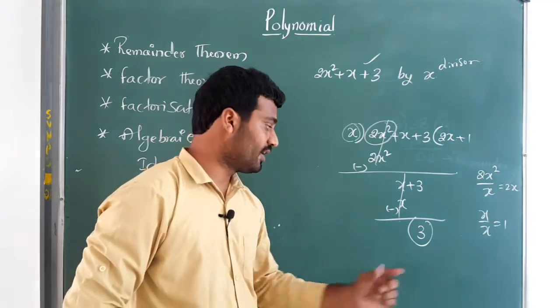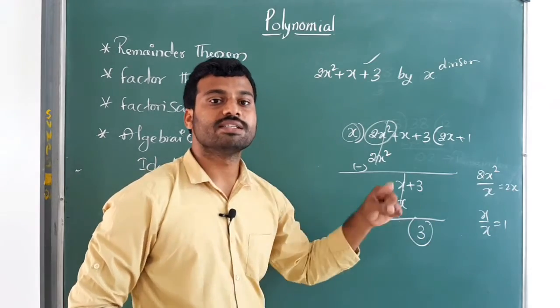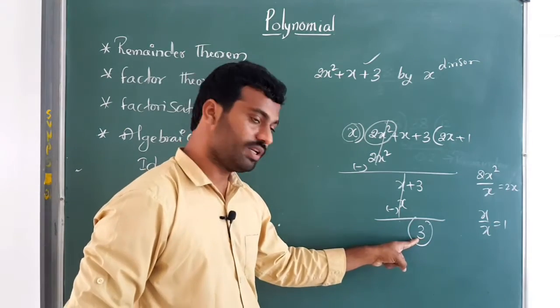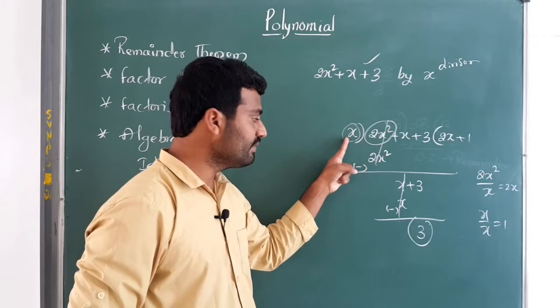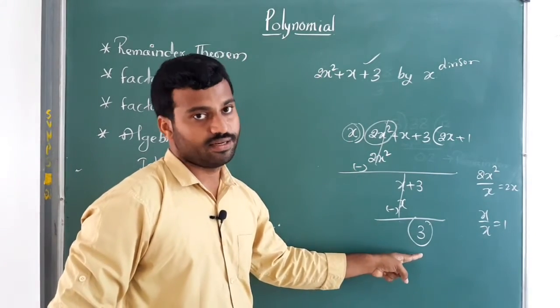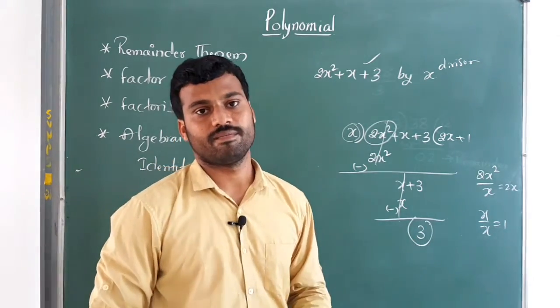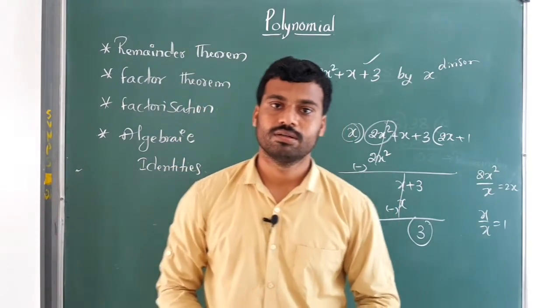Why? Because, as I said already, it is a constant, and the degree of a constant is 0. So the degree of this one is 0, and the degree of the divisor is 1. So the degree is lesser than the divisor's degree, so this will be the remainder. Clear or not?